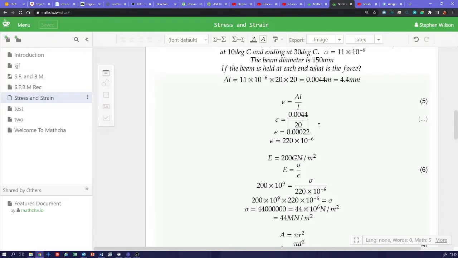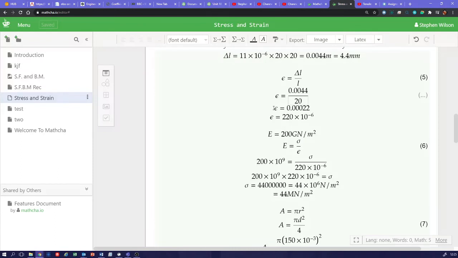And obviously the 20 was already in meters, which gives us a strain of 0.00022, or 220 times 10 to the minus 6. Now, when reading this off your calculator, be careful to make sure you make note of the minus 6 or the powers. Okay. So now we've got our strain.